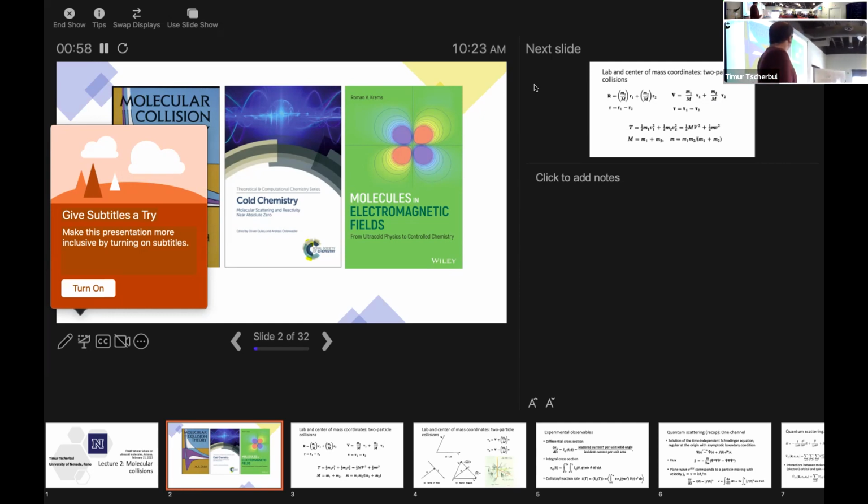This is a newer one, 2018, which has a lot of useful chapters. It depends on what you want. If you want collisions without external fields, in field-free space, there's a chapter on that, but there's also a chapter on collisions in external fields. And then there's a book by Roman Krems, which John mentioned, which also has aspects of collision physics.